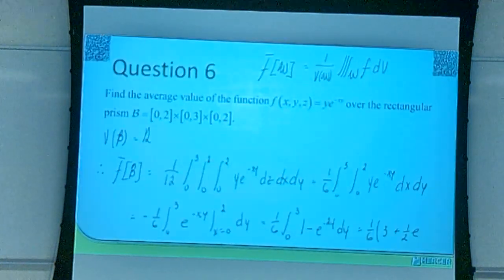E to the negative 2y evaluated from what, 0 to 3? Oh, 0 to 1. And at 3, it's negative 6. E to the negative 6.